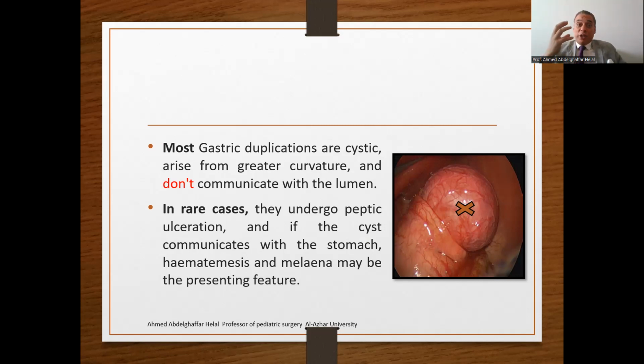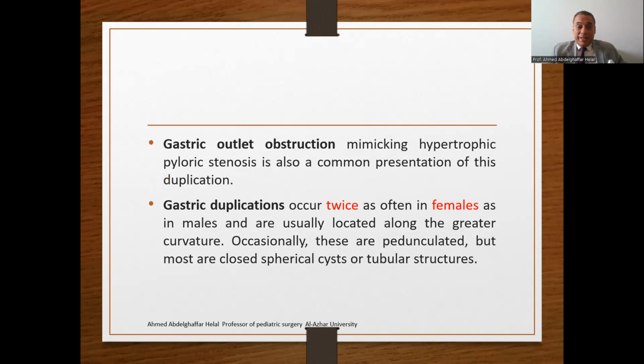So the mucosa of the duplicated part may ulcerate, with hematemesis if they communicate with the lumen, or melena. Gastric outlet obstruction, similar to hypertrophic pyloric stenosis, is a common presentation of this duplication.